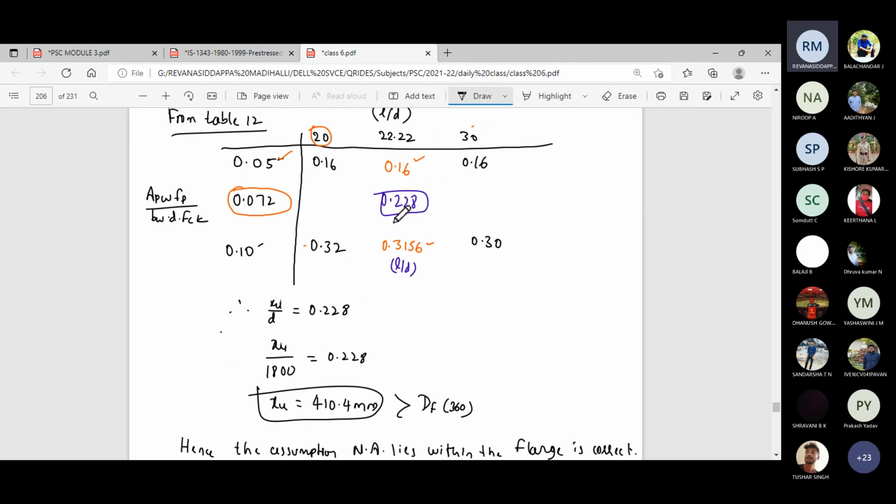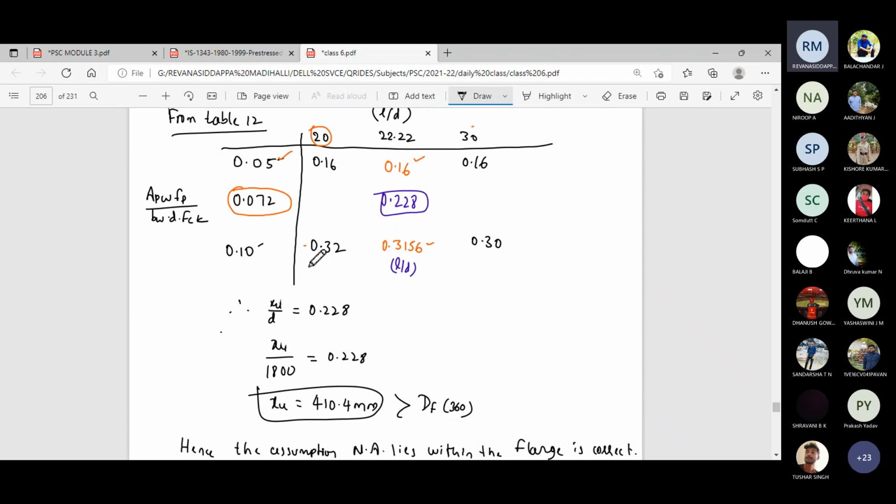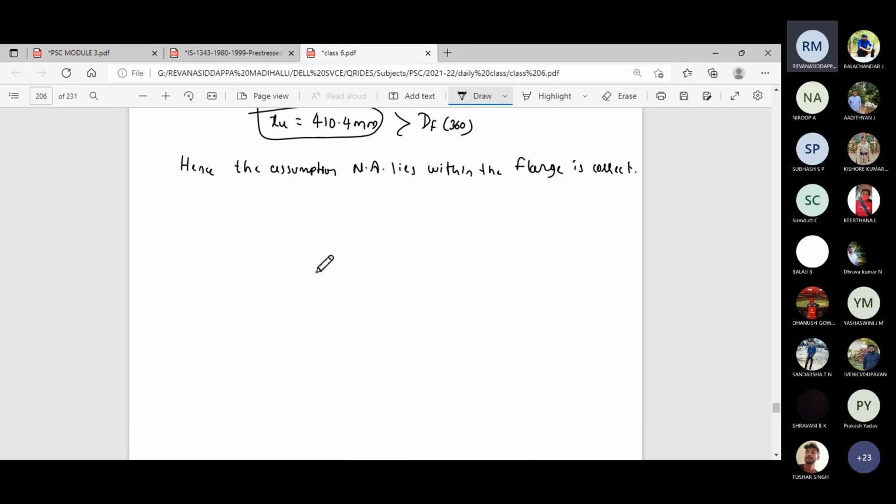Here also, similarly as we performed the interpolation for obtaining this XU by D, the same kind of interpolation, the same setup table we have to write, and we have to do the interpolation. Let me write it.